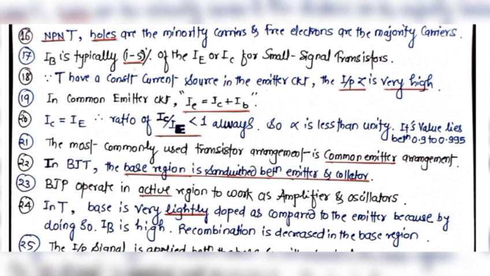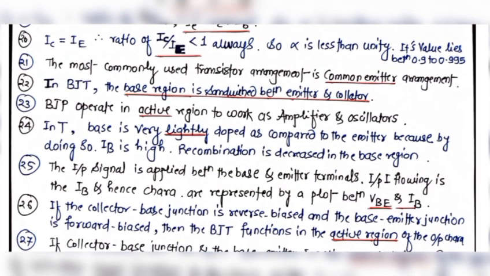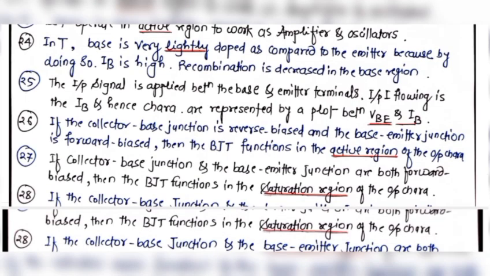In transistor, base is very lightly doped as compared to the emitter, because by doing so, IB is low and recombination is decreased in the base region. Input signal is applied between the base and emitter terminals. Input current flowing is the IB, and hence characteristics are represented by a plot between VB and IB.